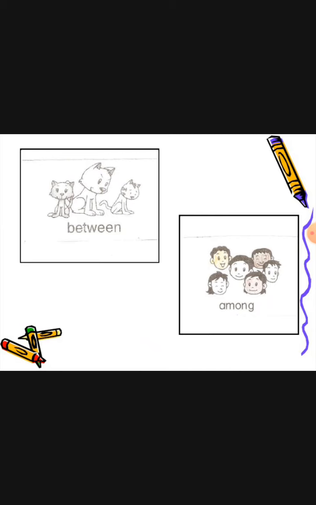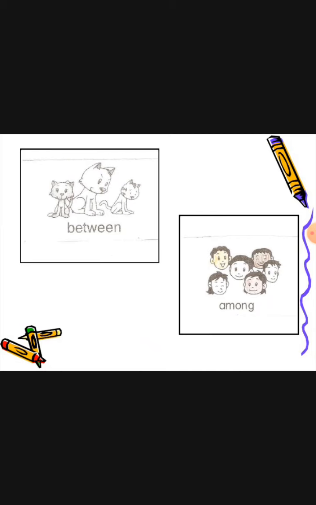But when something or somebody is with more than two things, then we have to use the preposition among. Suppose the boy in the center is Ram. Now Ram is among his friends.